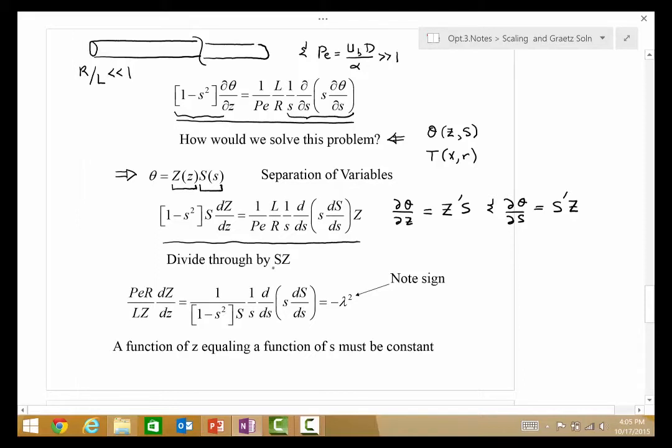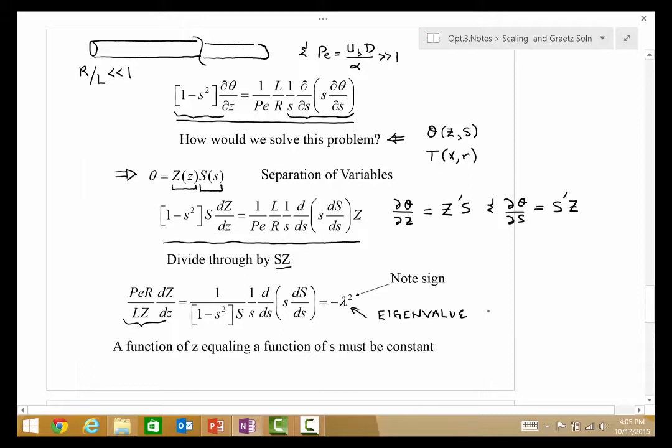By dividing through by S capital Z, we get two ordinary differential equations, one in terms of z and one in terms of s. So using standard ideas in separation of variables, there's an eigenvalue problem that's been set up, and the eigenvalue for this, as we've done in other types of problems, is given this notation lambda squared.